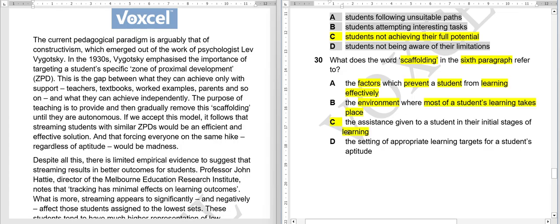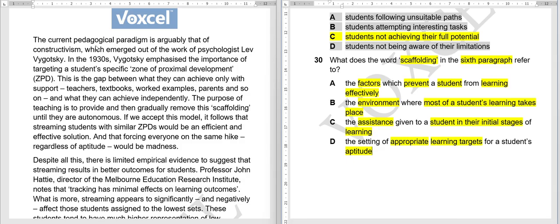C, the assistance given to a student in their initial stages. If we are helping students in the initial stages of their learning, C will be our answer. D, the setting of appropriate learning targets. If we are setting realistic targets according to students' aptitude and ability, then D will be our answer. Let's see what scaffolding means.